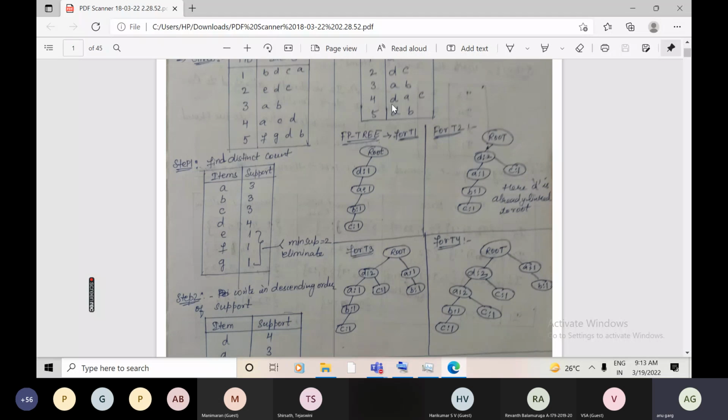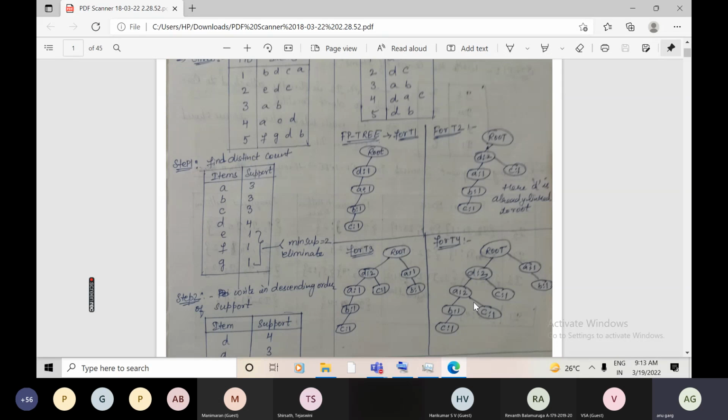Coming to transaction number 4, we have D, A and C. D is already connected to the root, and A is also connected to D, but you have to connect C with A. In transaction 4 you have D, A and C, and you should remember to keep on increasing the support.